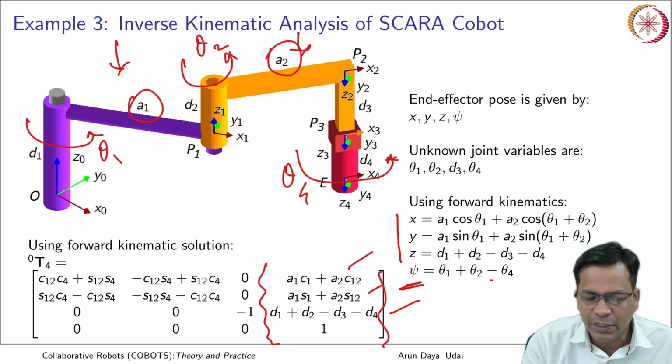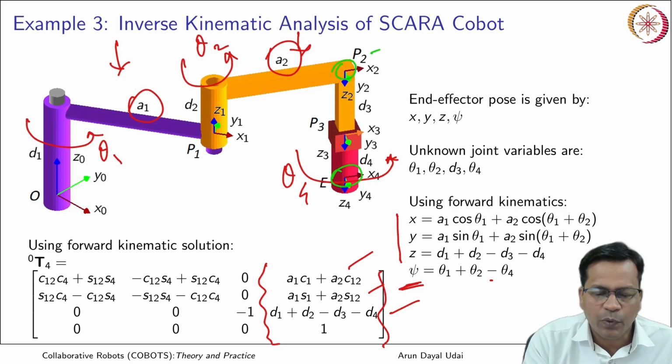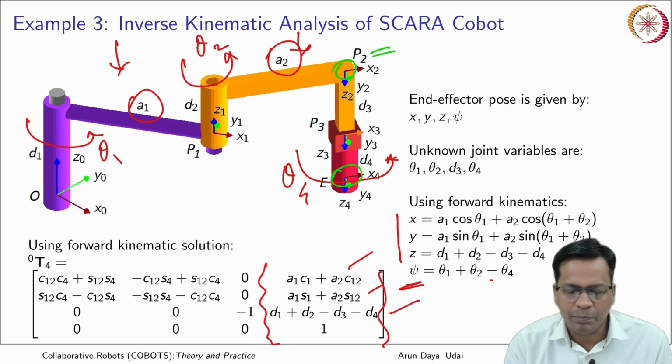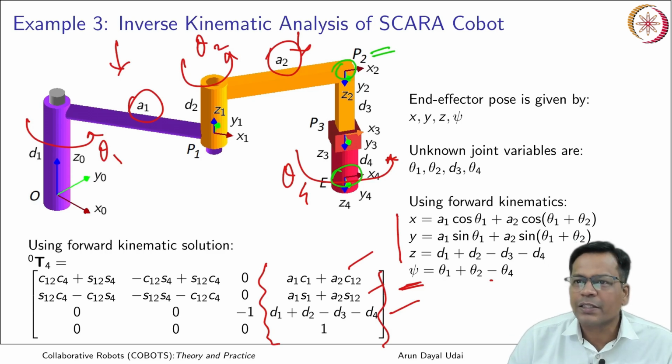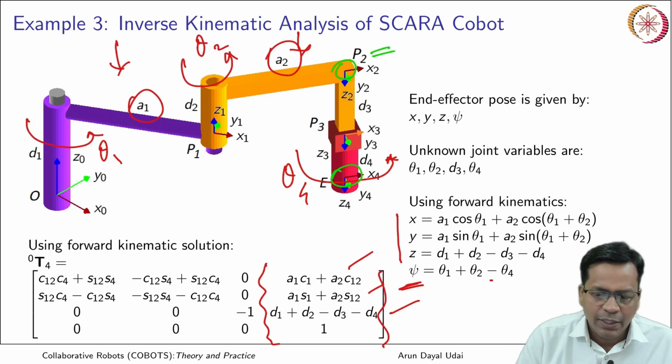So whatever is the position of my end effector, the same is the position of the P2 point, which is vertically above the end effector. Is it not? If you look at it from the top, it becomes like this. In this case it is exactly equal to the same coordinate which is there for the end effector.